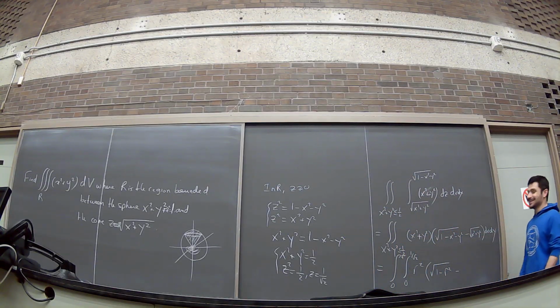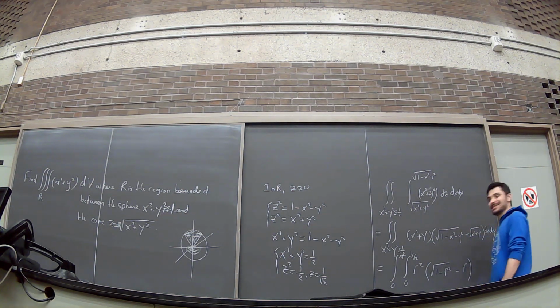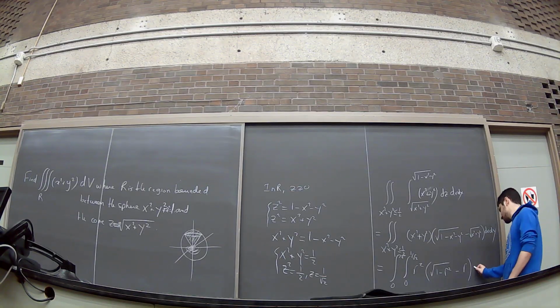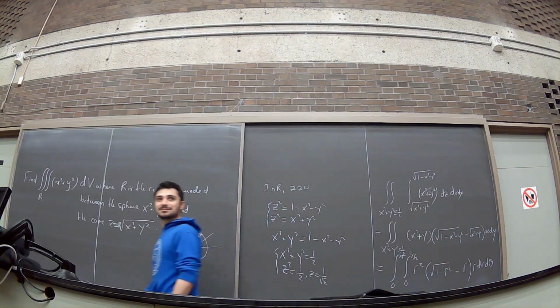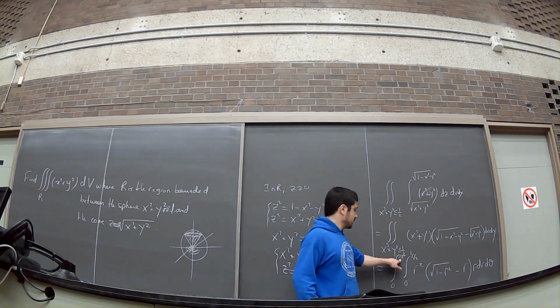Minus r, then what? dx dy, what does it become in terms of dr d theta? R dr d theta. It's gonna get bad. You see why it's bad? No, 2 pi. Here, 2 pi.